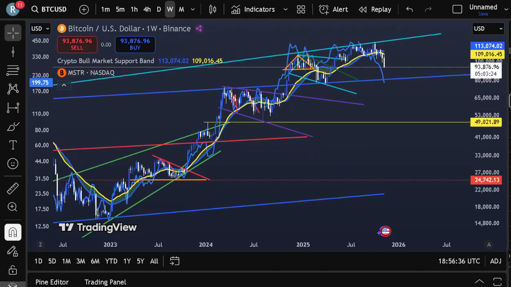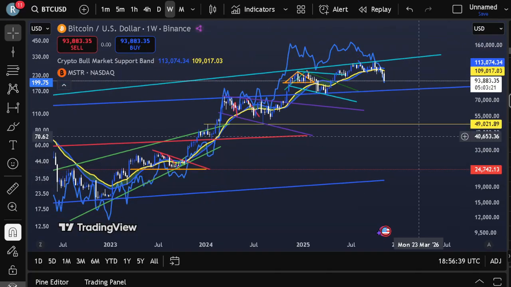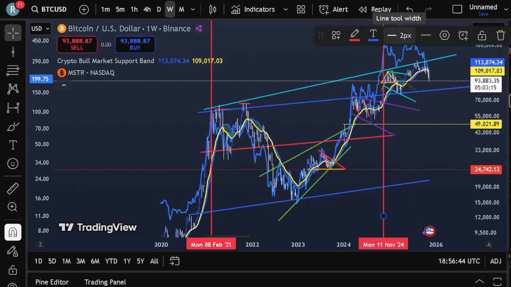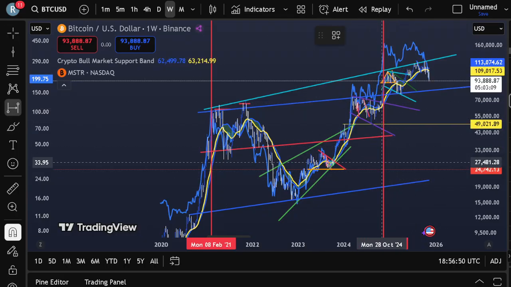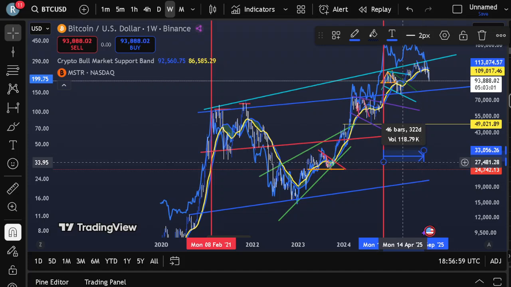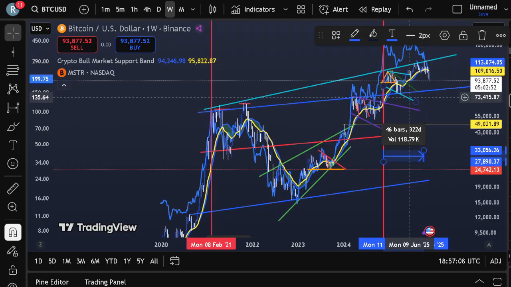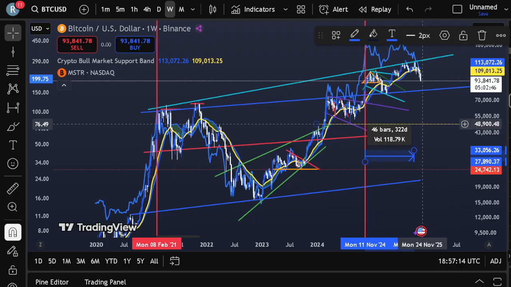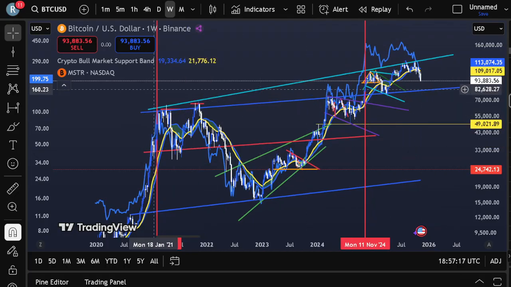Let's switch back to the BTC MicroStrategy chart as well, and here MicroStrategy peaked, and the current BTC top formed 322 days later. So I think from this fractal that there is a decent probability that the BTC top is in for this cycle.